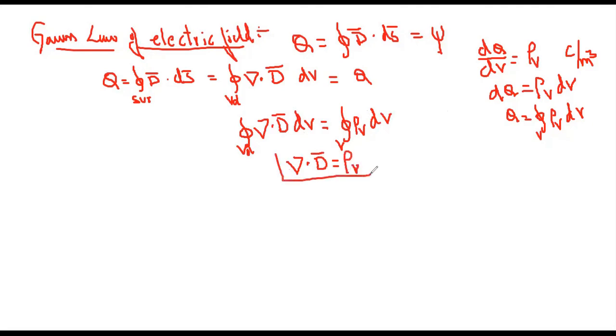This is the first Maxwell's equation: del dot D bar is equal to rho v.